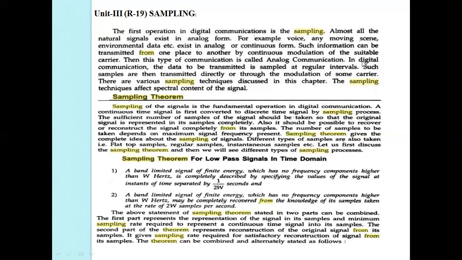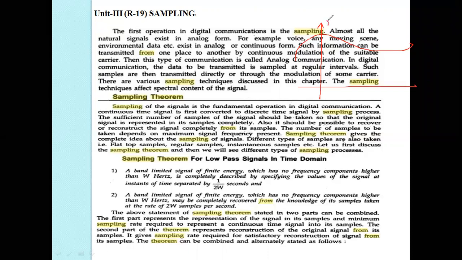In digital communication, the data to be transmitted is sampled at regular intervals. First take the analog signal. Let us assume the signal x of t, from minus infinity to infinity, and it is sampled using impulse functions.